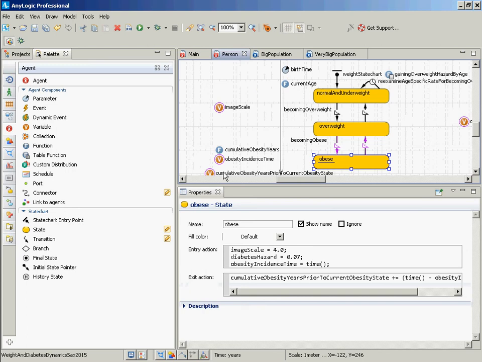And we only have to do that for obese because we're only keeping track of the number of obesity years rather than years of overweight or normal and underweight. So we don't need to do a comparable thing up here. Now, of course, if we wanted to record how many years overweight or normal and underweight, we would need a similar mechanism, but we're not doing that. Does that make sense?